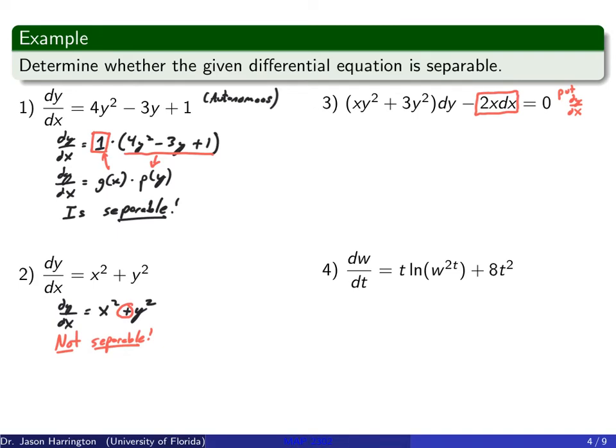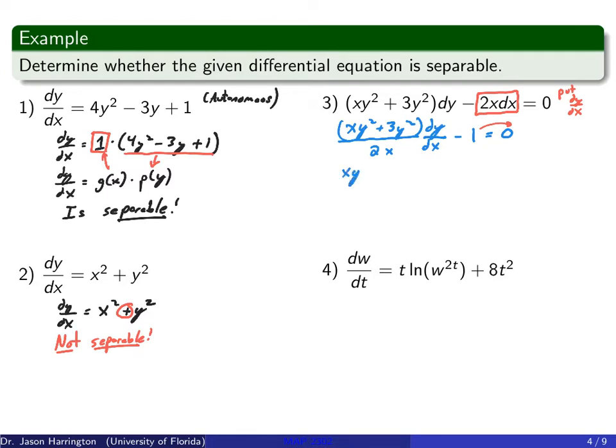So what I get now is x times y squared plus 3y squared times dy, divided by 2x, because remember I'm dividing every single term by 2x dx, and then I'll just put the dx right underneath the dy, minus 1 is equal to 0, because 0 divided by anything is also 0. Now I'm going to bring the 1 to the other side by adding 1 to both sides.